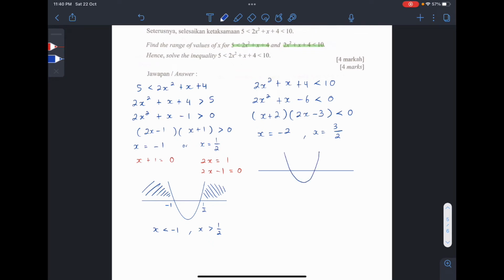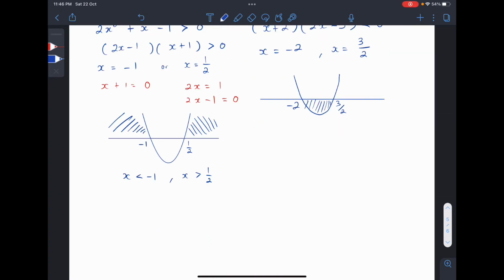Alright, so I've got my smiley face done up. It is less than 0, which means I need to shade the inner part over here. So negative 2 goes here, 3 over 2 goes here. So how do I write my range for my final graph? It's going to be negative 2 less than x less than 3 over 2.